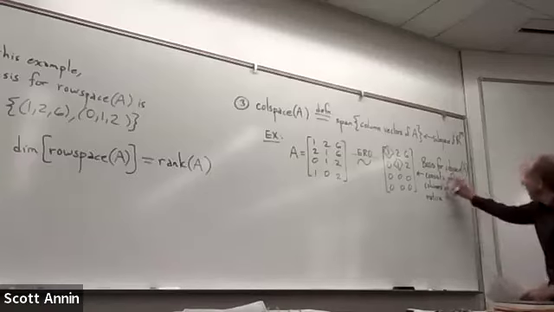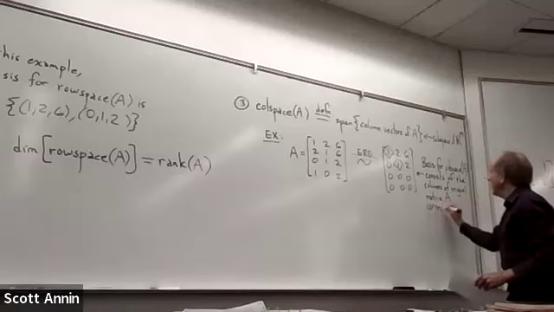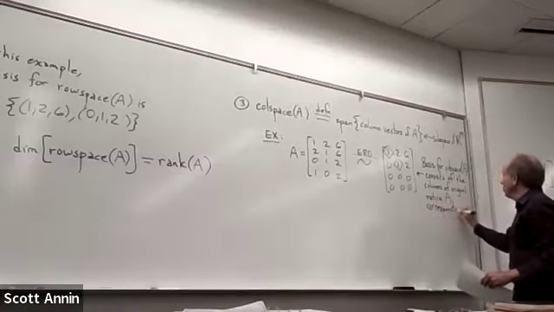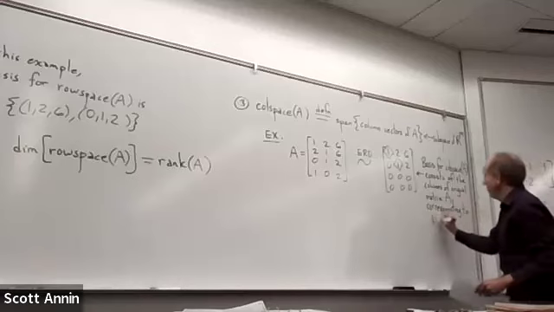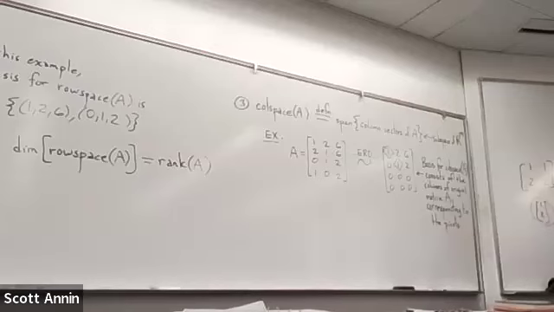You go back to the columns of the original matrix A corresponding to the pivots. So the pivots are still relevant.